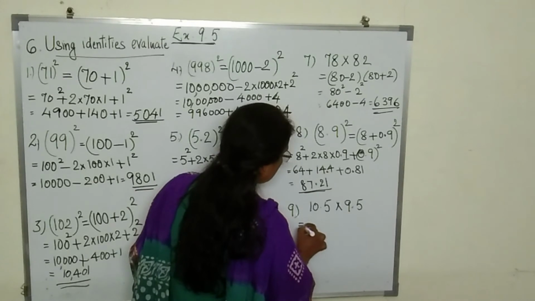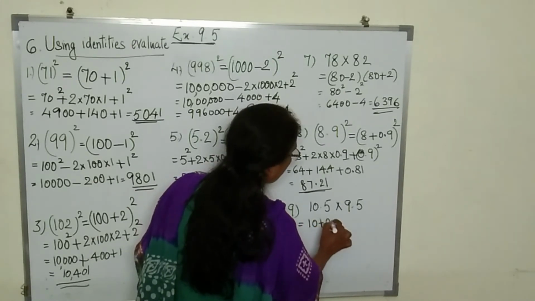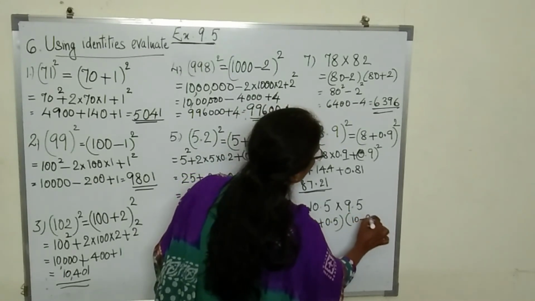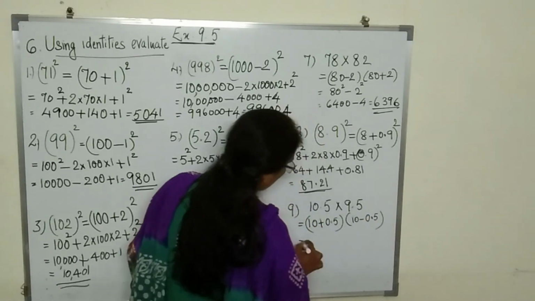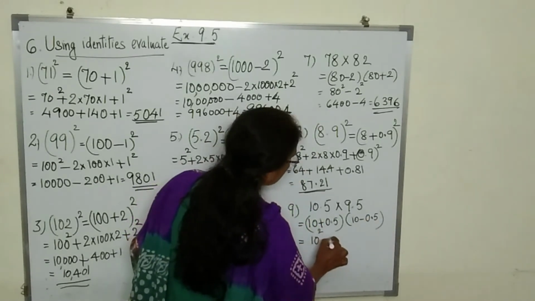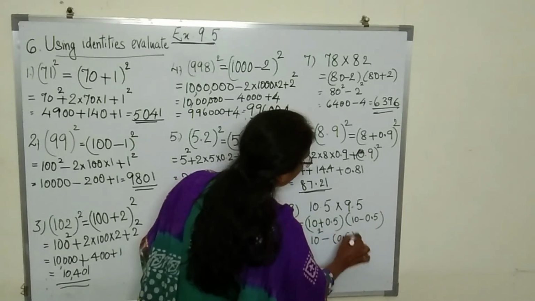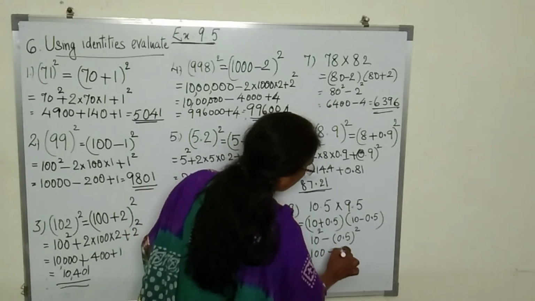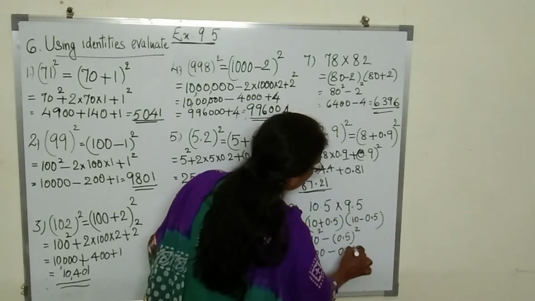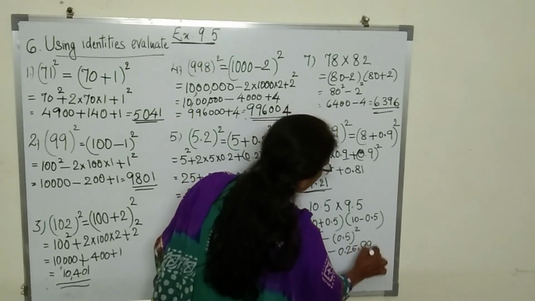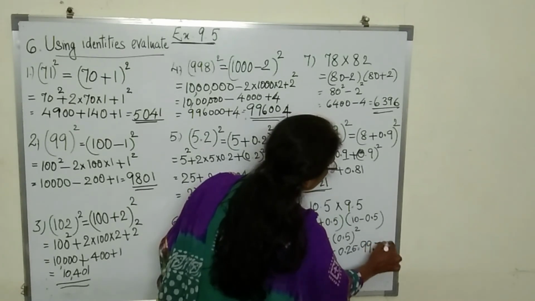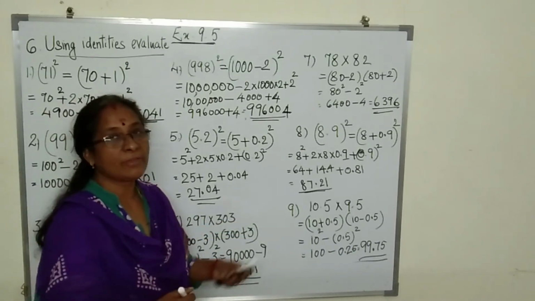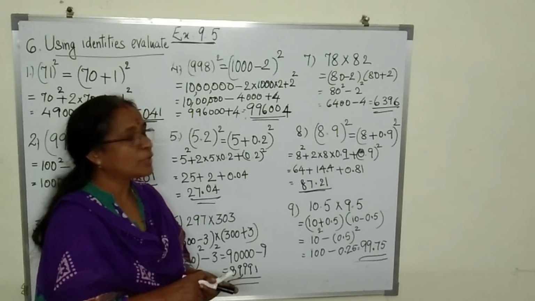So this can be written as (10 plus 0.5) into (10 minus 0.5), which is equal to 10 square minus 0.5 whole square. That is 100 minus 0.25, that is 99.75.